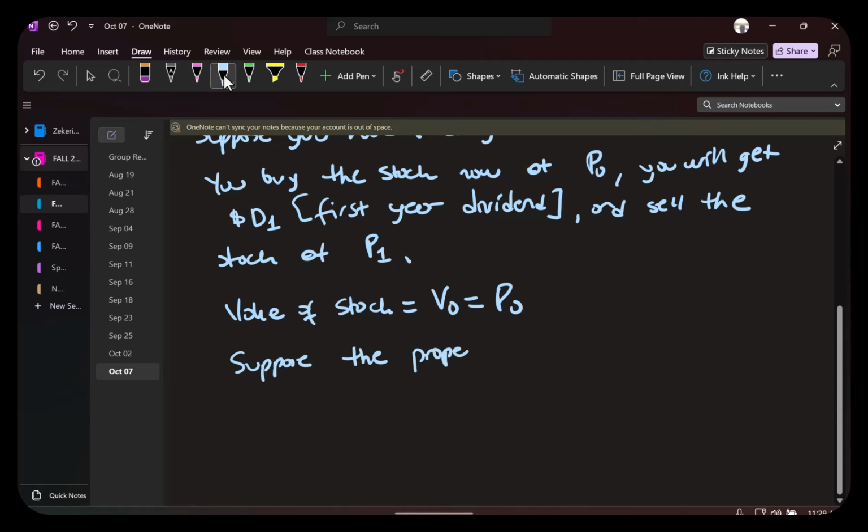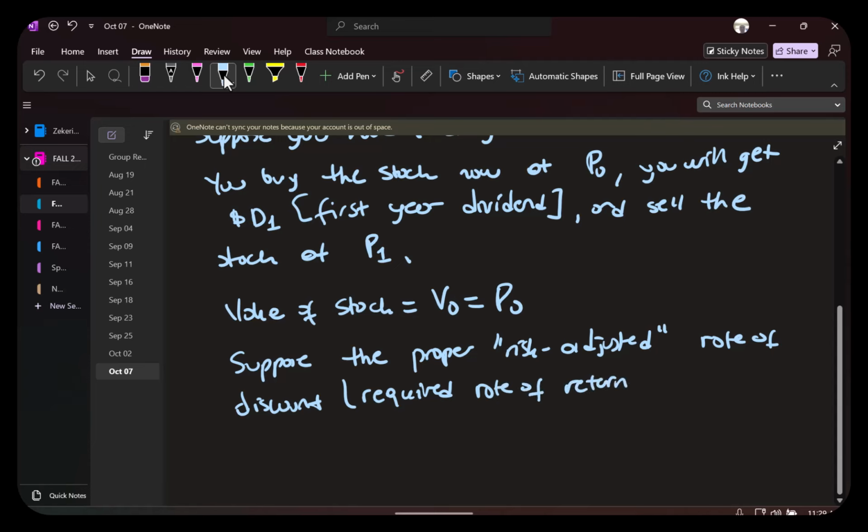Suppose the proper risk adjusted rate of discount, or sometimes we call this the required rate of return, is R. Just like bonds, depending upon the nature of the bonds, the proper discount rate is different. Bonds of Apple have a higher discount rate than bonds of Treasury.